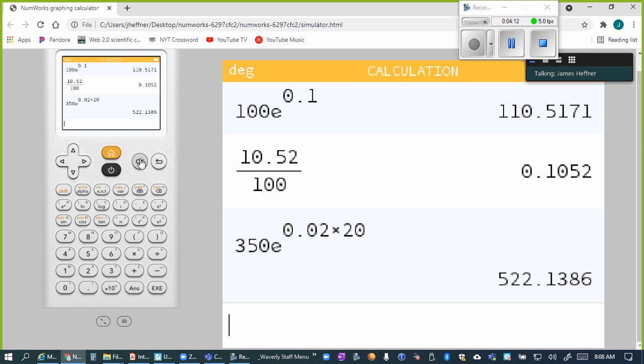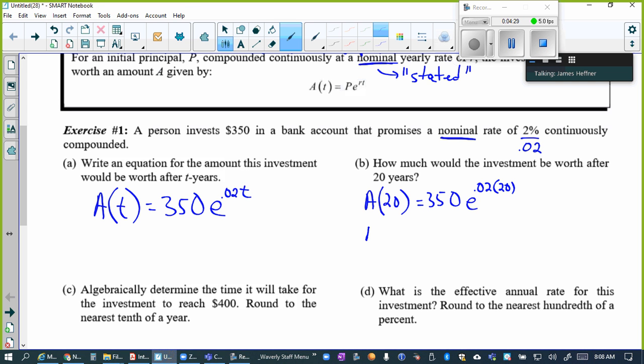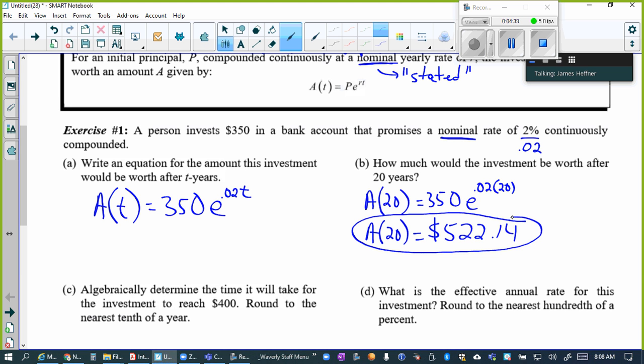And we have $522 and 14 cents. Two decimals for money. 522.14 after 20 years. Not much, but that's a very low interest rate. So A of 20 equals 522.14. And do make sure you know how to round correctly: two decimals for money.